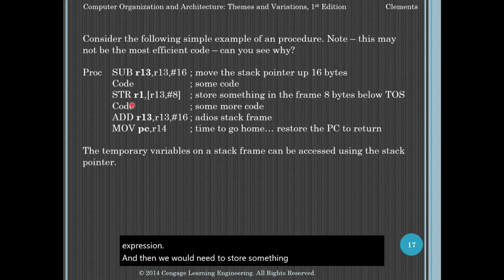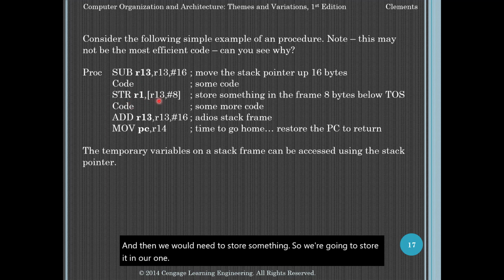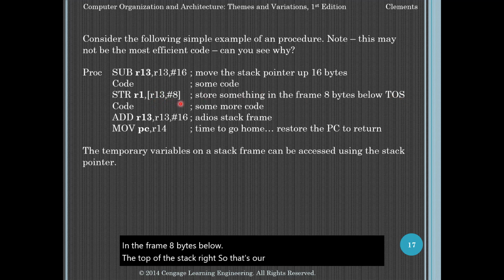So we're going to store it in R1, and we're going to take it in the frame 8 bytes below the top of the stack, right? So that's R13, 8. And then we'll do some more code. And then we would remove the stack frame because we're done.